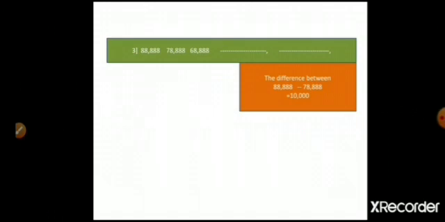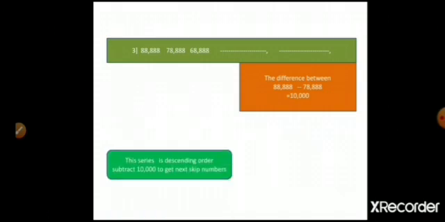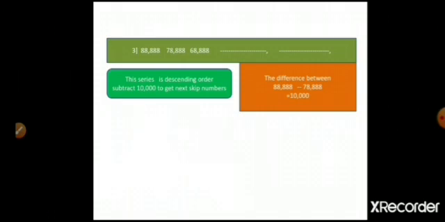Then we check which order this is, ascending or descending order. Ascending order means we add the difference, descending order means we subtract the difference. So which order is this? Descending order. So the series is in descending order. Subtract 10,000 to get the next skip numbers.